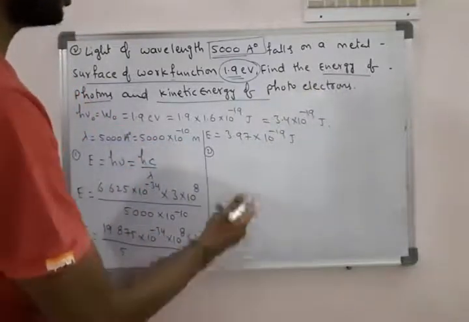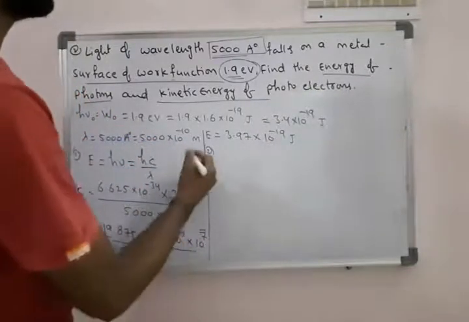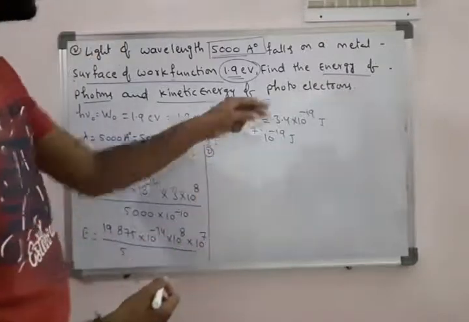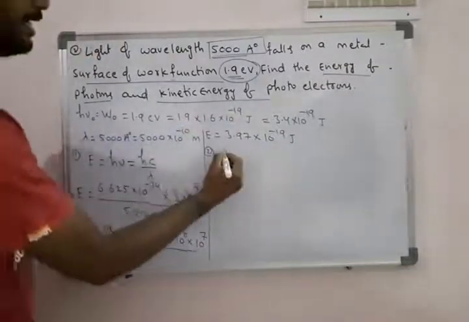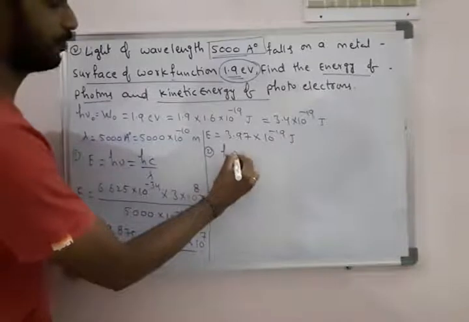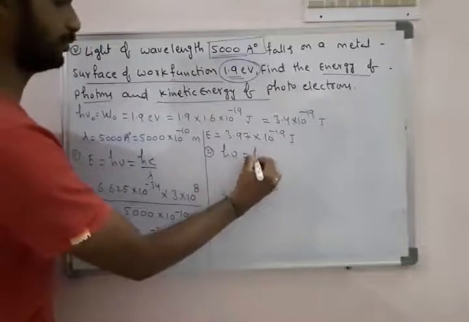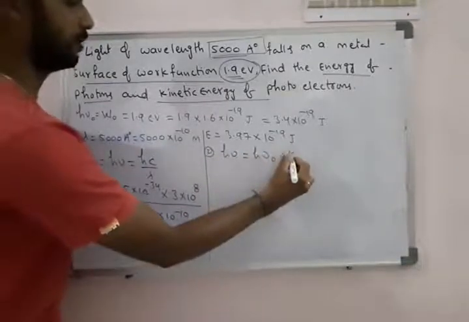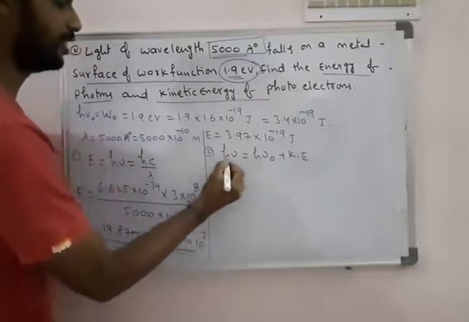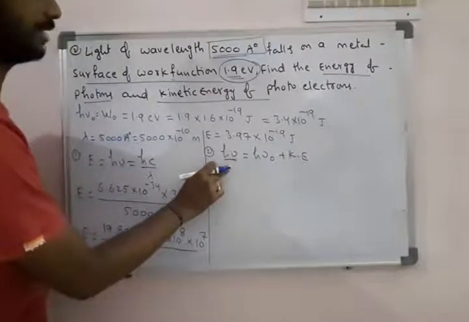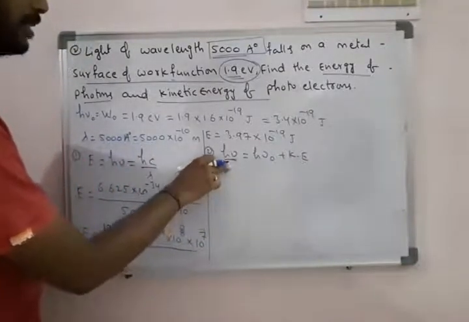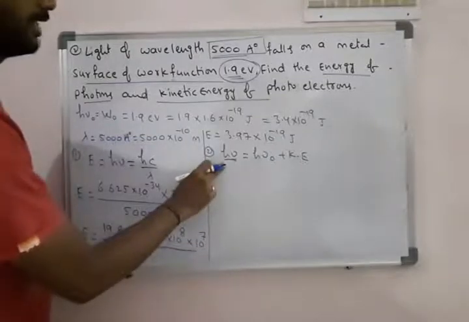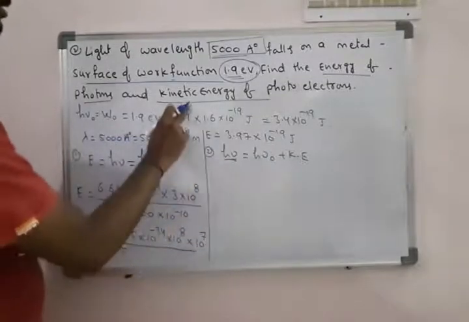Okay, and we know the equation. What is the kinetic energy? We know the general equation: h nu equals h nu naught plus kinetic energy. Here h nu means the energy of the incident light. The energy of the incident light is how much?